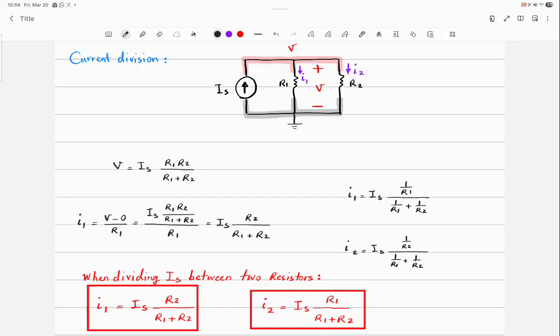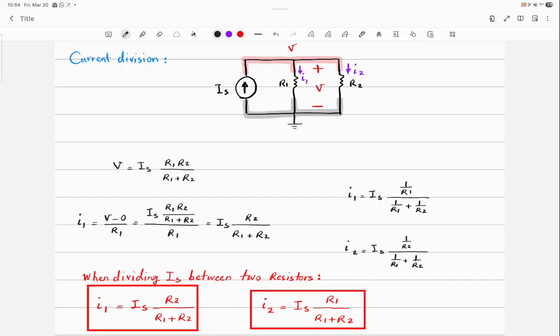Let me put it this way. Although I prefer the red ones, they have some limitations. What is that? They only work for two resistors. If it is more than two, you have to stick to that rule.